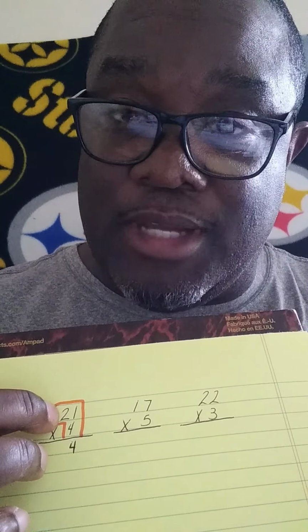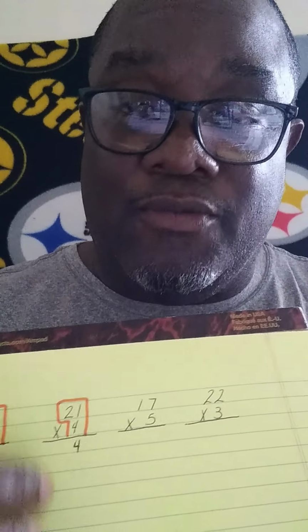We had our 2 times table, so we know, or you can skip count by 2 to 4. So 4 times 2 equals 8. So we'll put our 8 down, which gives us an answer of 84.